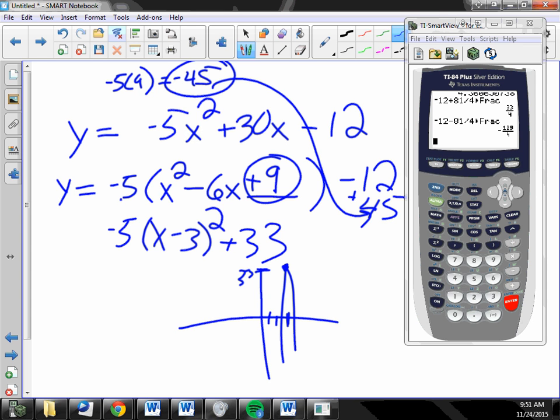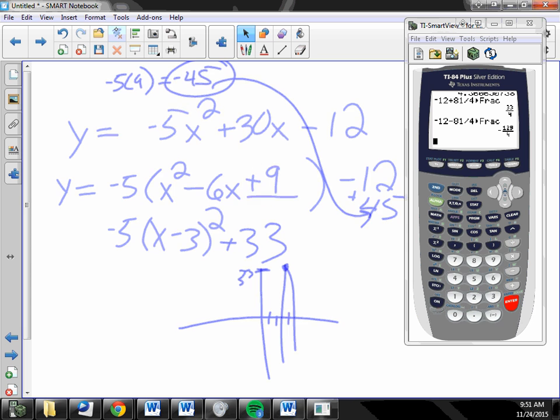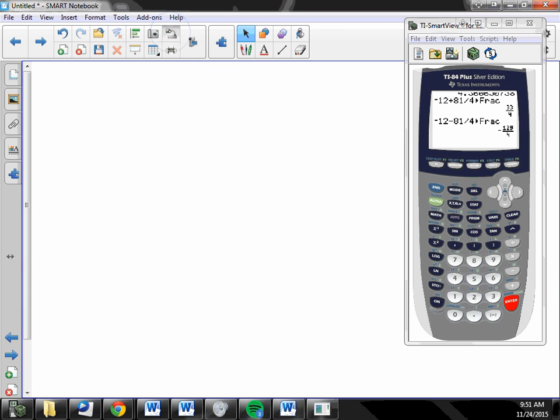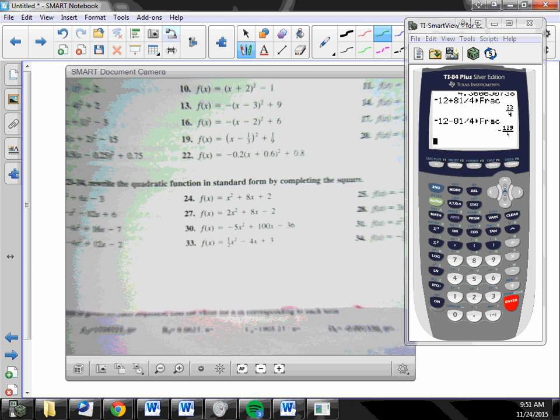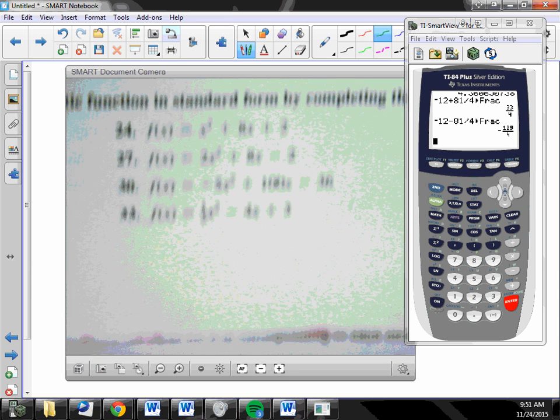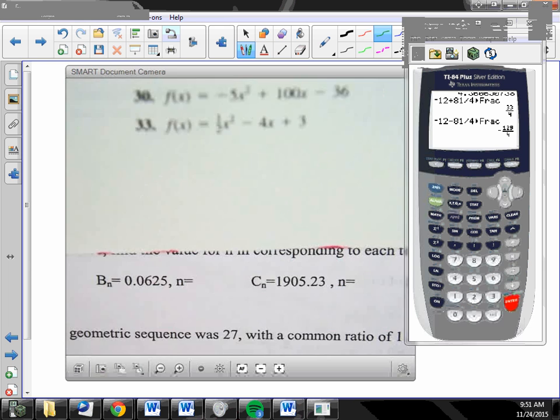Okay? All right. Did you want to see one with fractions? Were there fraction ones? Uh, okay, let's do 33, because those are a little bit harder. All right, 33.